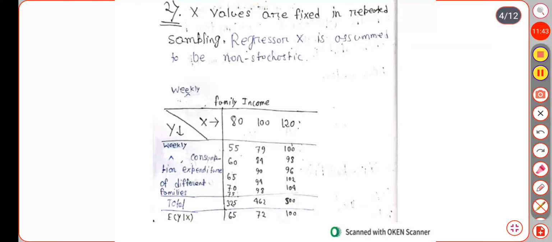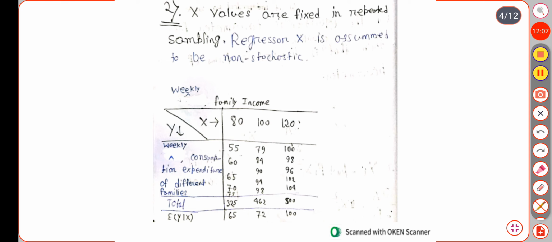So in the first income group, those families having a family income of $80, what are their weekly consumption expenditures? The first family is consuming $55, the second family 60, 65, 70 and 75.